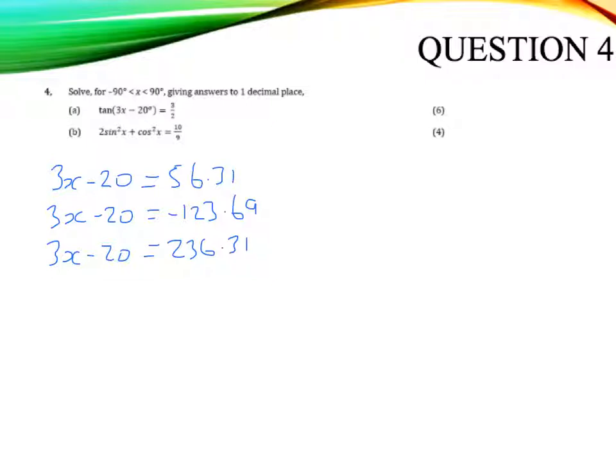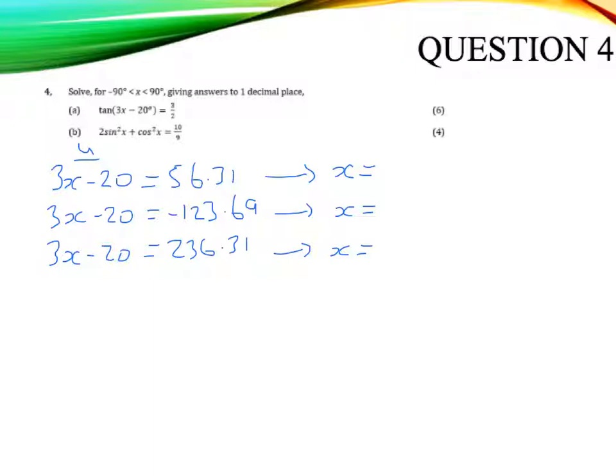Now I can use each of these equations here to now work out what my x value is. Okay, so this is going to give us x values which will be in the range between minus 90 and 90 degrees. Okay, so let's solve for each one then.